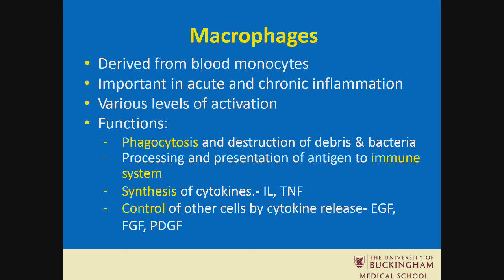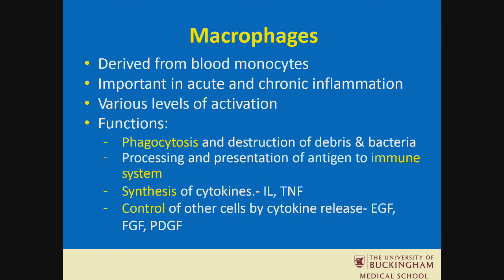Then it produces many cytokines, or chemical mediators. Cytokines are chemical mediators produced by cells which influence other cells. So it produces many cytokines like interleukin and tumor necrosis factor, which are involved in inflammation. They also produce another set of cytokines called growth factors, like epidermal growth factor, fibroblast growth factor, platelet derived growth factor.